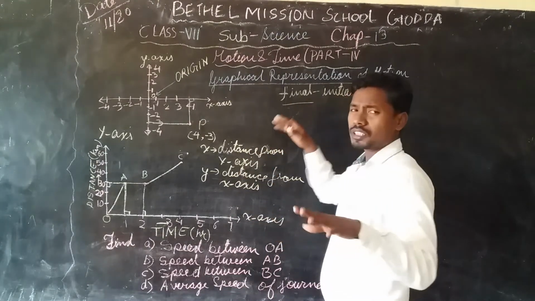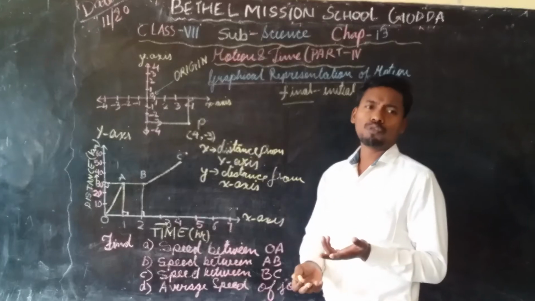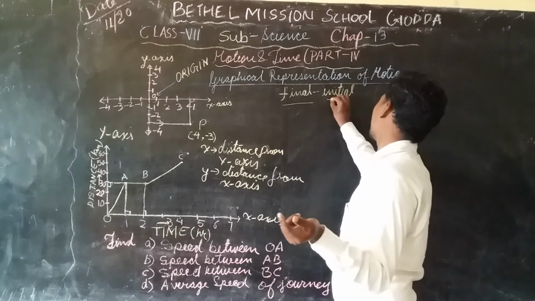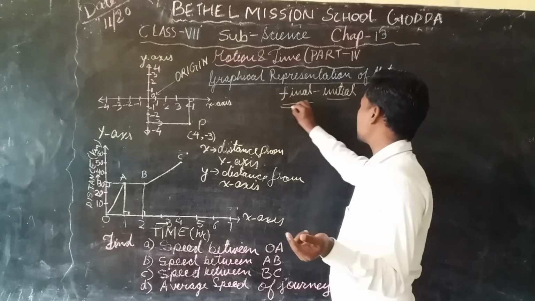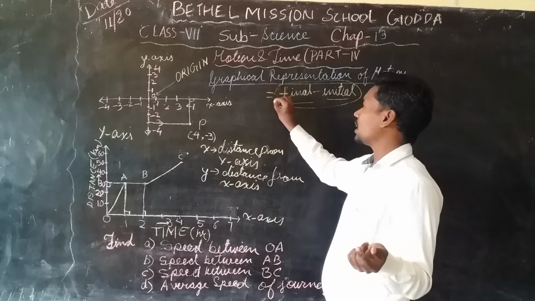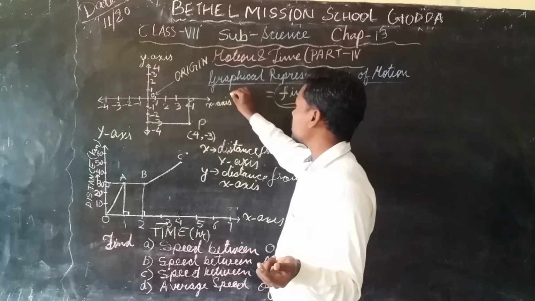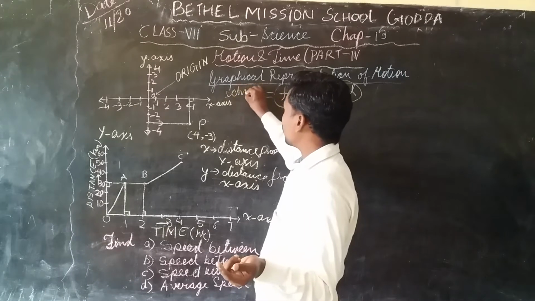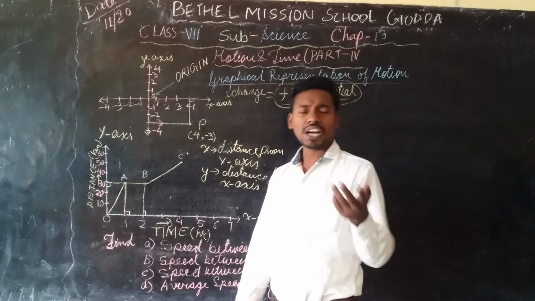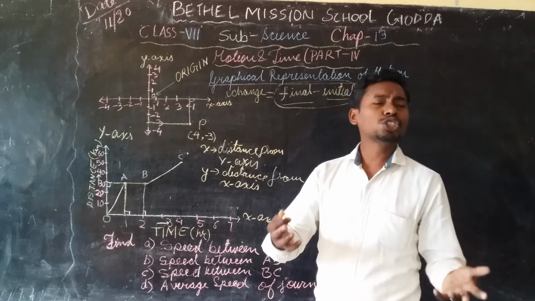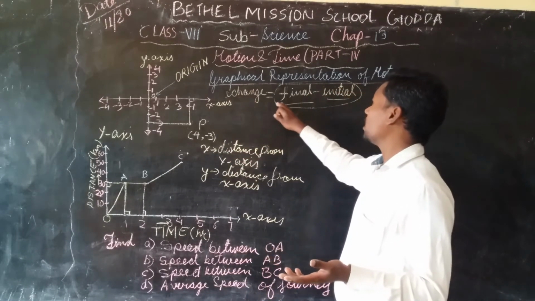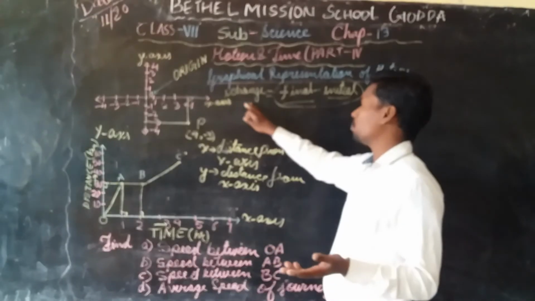And initial means before the movement or before the process, what the condition was; that is called your initial. So always remember this. Final minus initial gives you change. Whatever change you want to know, change in position, change in time, can be found by final minus initial. This is a very important thing.